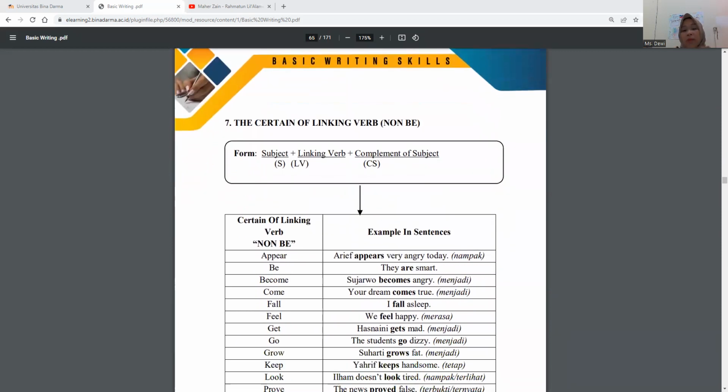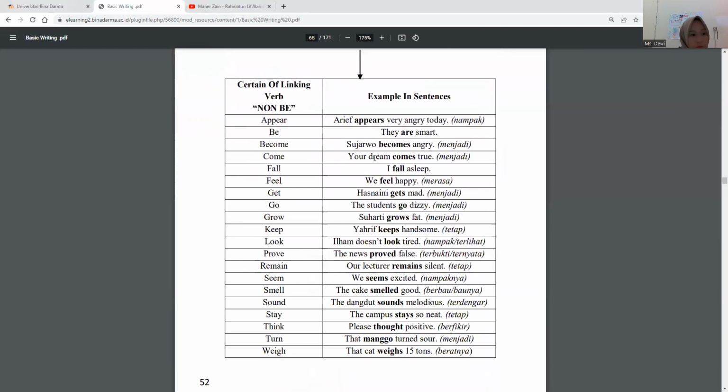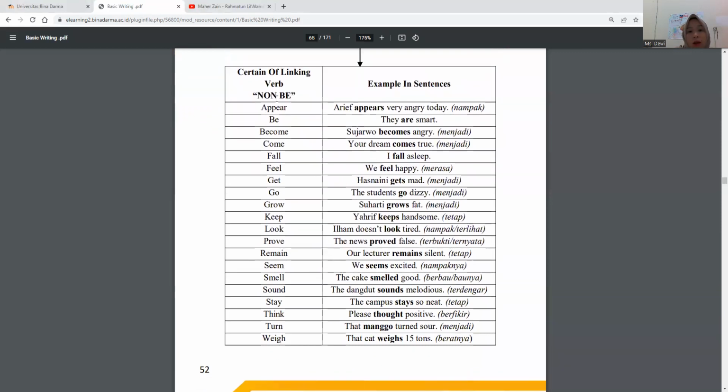Okay, so here are some linking verbs with non-be, so there is no be, not followed by be. Here, the form is subject plus linking verb plus complement of subject. So S as subject, LV linking verb, and C as complement of subject. Okay, certain of linking verb non-be.